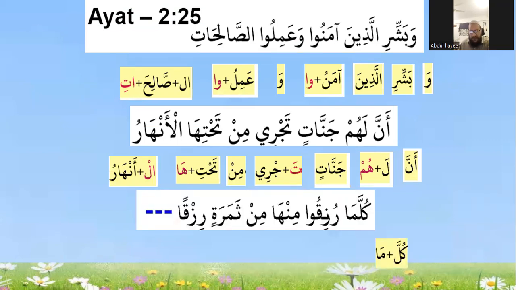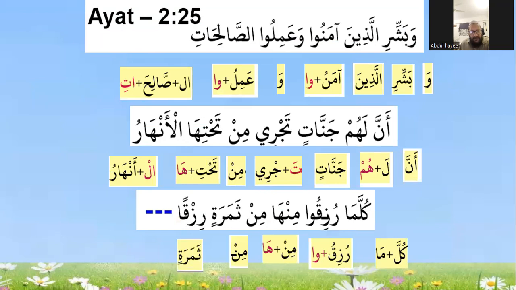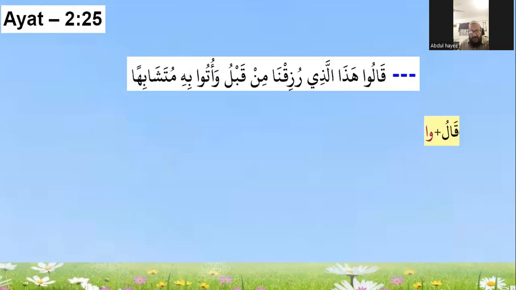Kullama, we can read kulla and ma, but actually we take it as a single word. Ruziqu: ruziq and waw alif. Minha, two words: min and ha. Min, single. Thamaratin, single. Rizqan, single. The ayah is continuous. Qalu: qala and waw alif.